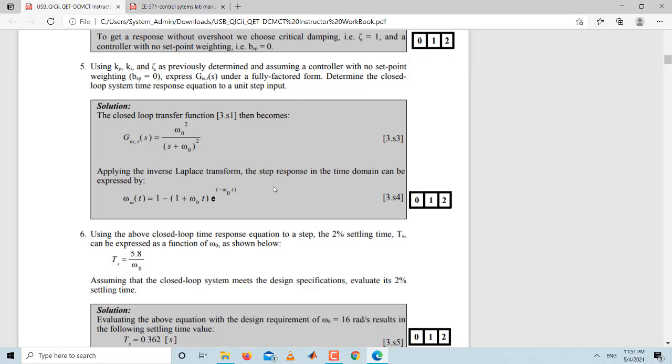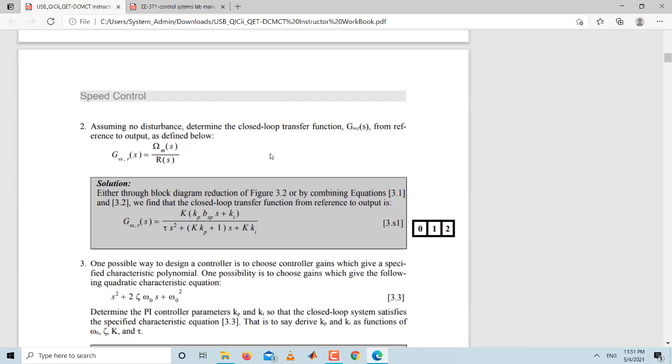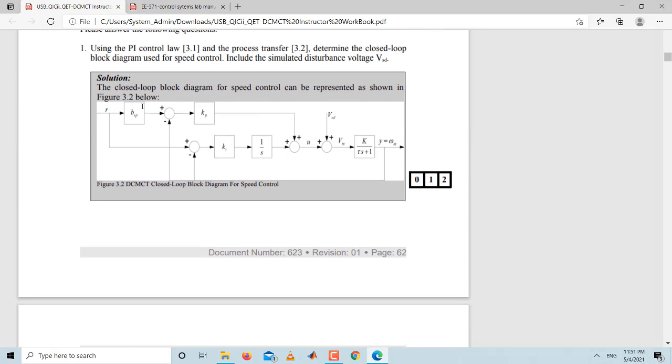So this question requires that you go back to the block diagram, put 0 for the value of BSP, and derive the expression. If this block becomes 0, it means that this part is 0 altogether, right?